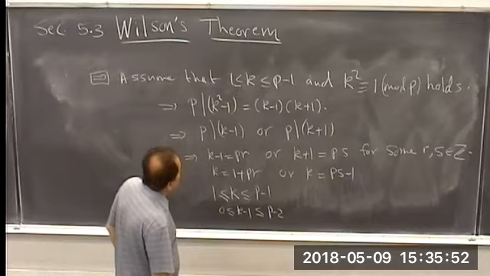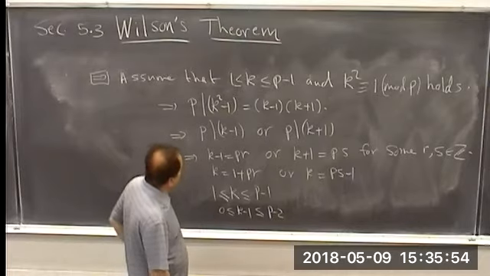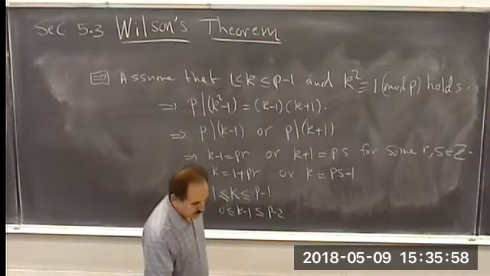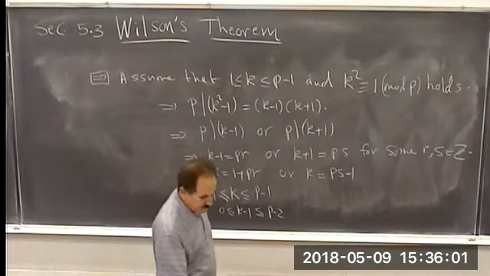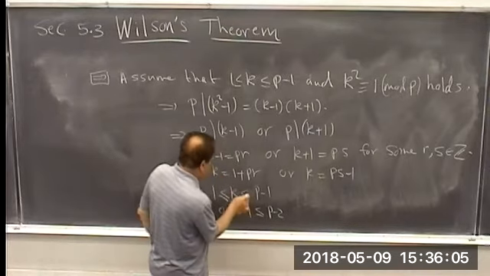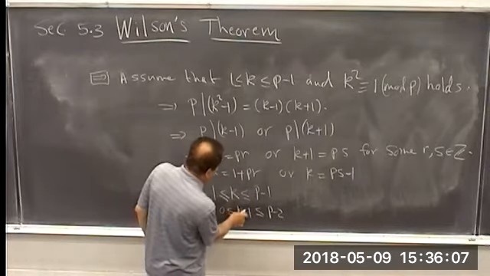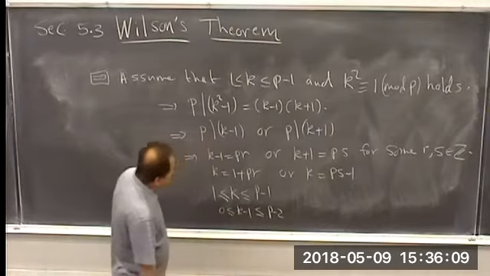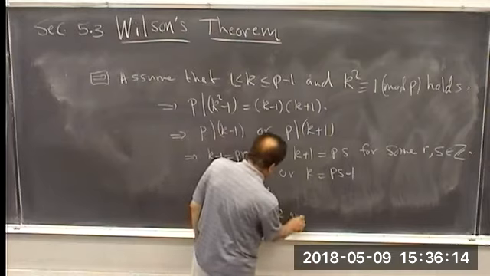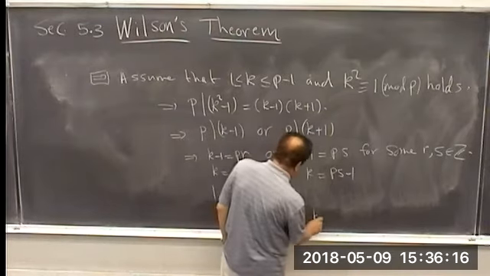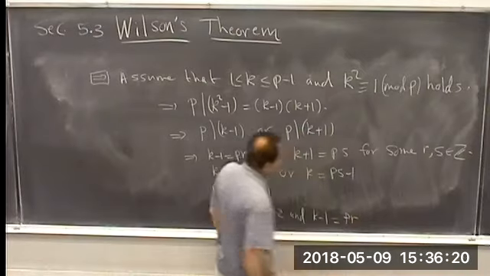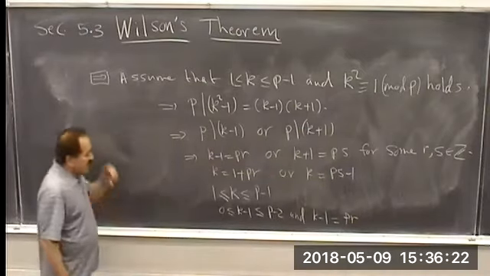So we have k minus 1 between 0 and p minus 2, and we also have k minus 1 equal to pr, a multiple of p.